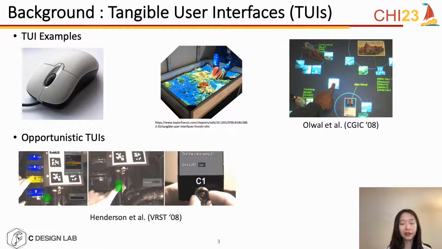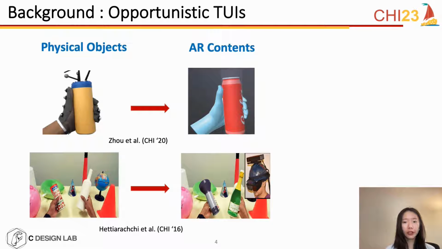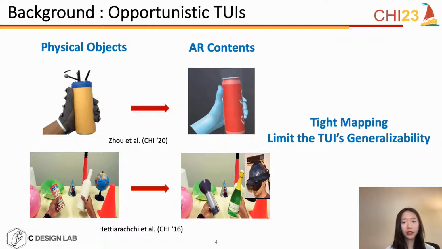Further, Opportunistic TUI tightly maps the affordance of physical objects with the functions of virtual widgets like buttons, sliders, and globes. The tight mapping of Opportunistic TUI provides a more intuitive connection between the user inputs and the digital services. However, such mappings usually require users to find an object with similar shape and size as the AR content, which limits the generalizability of TUI.